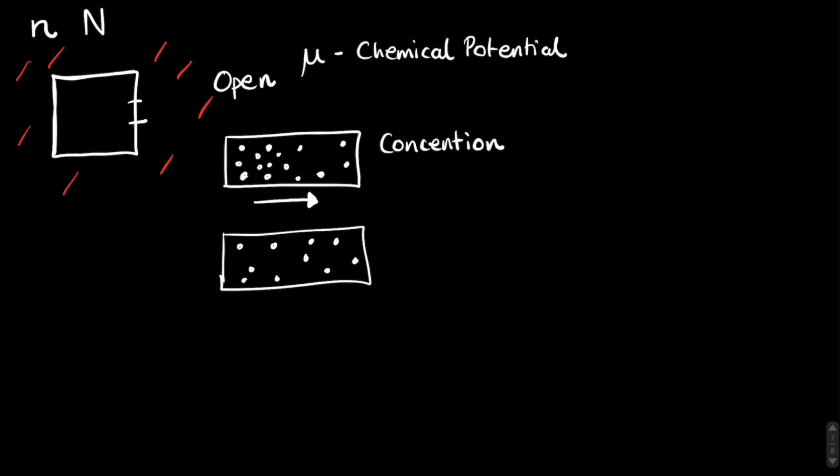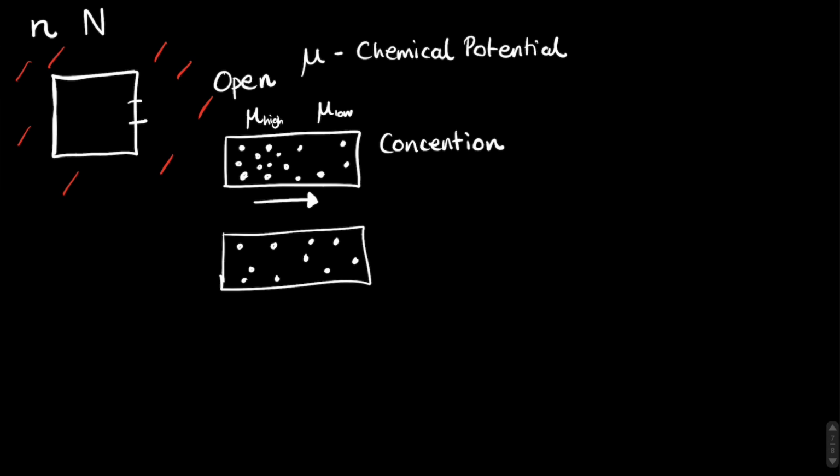And so the particles have essentially moved down the concentration gradient. So we say they've moved from a region of high chemical potential to low chemical potential. The chemical potential is essentially a measure of the amount of potential energy that there is to be had as a result of its concentration.